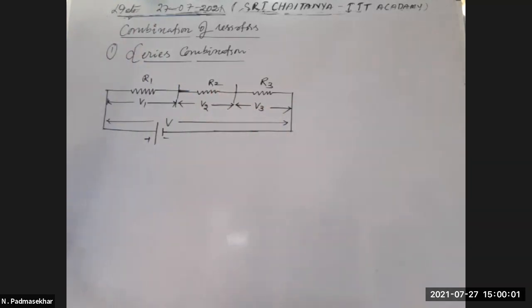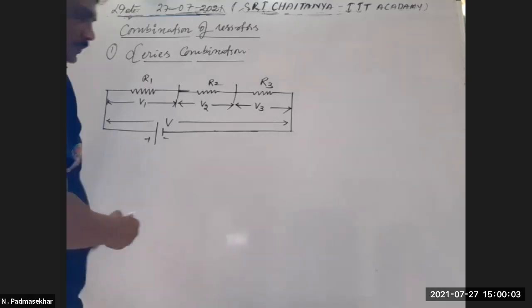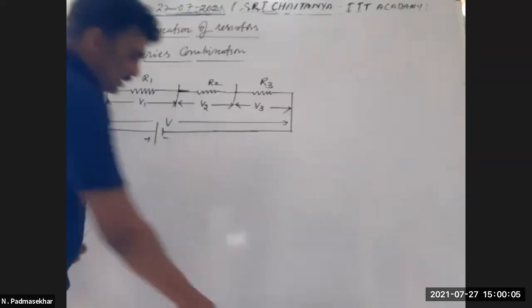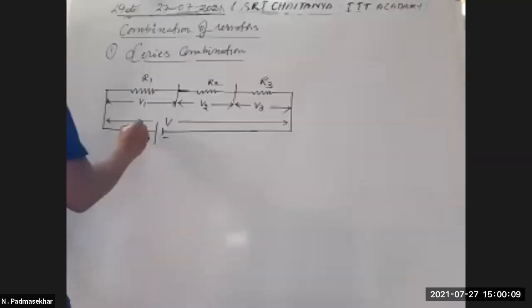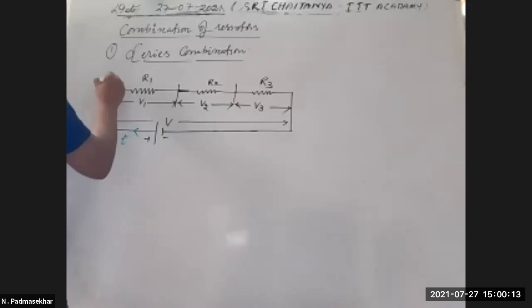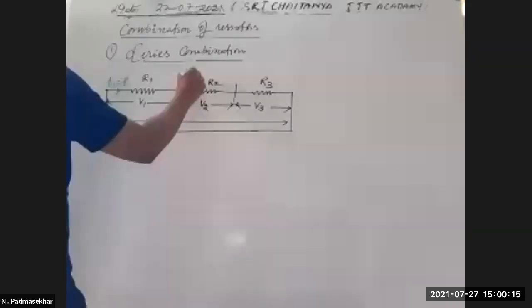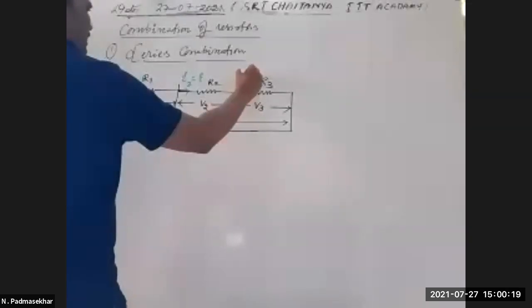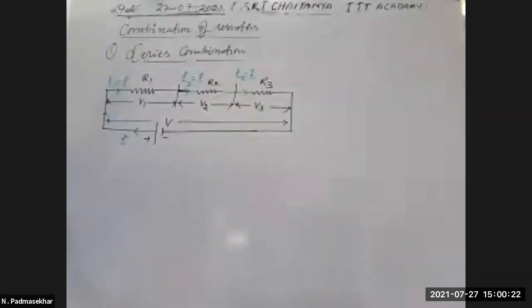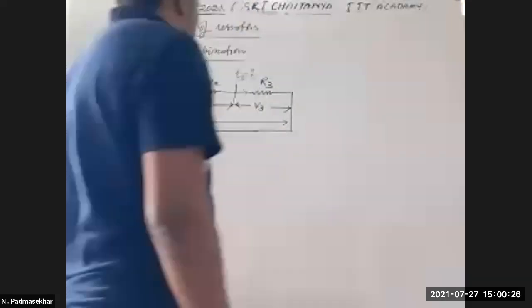And you know the current is the same. Current I is coming like this. So I1 is equal to I, I2 is equal to I, I3 is equal to I. The current remains constant in the series combination.